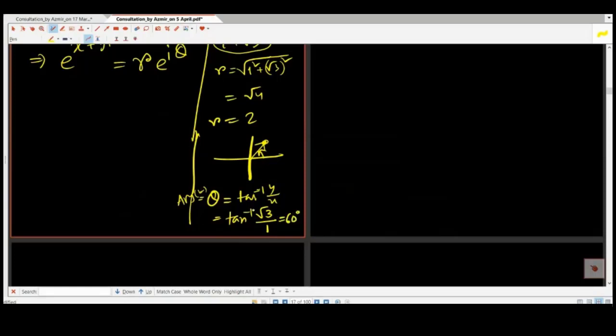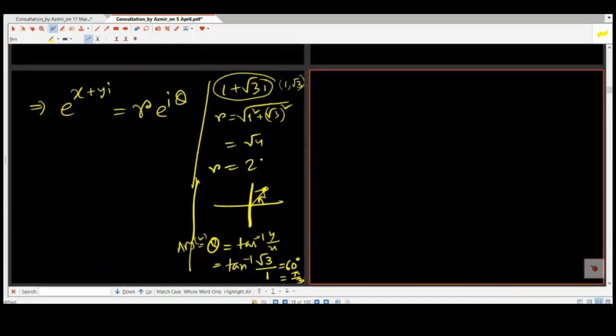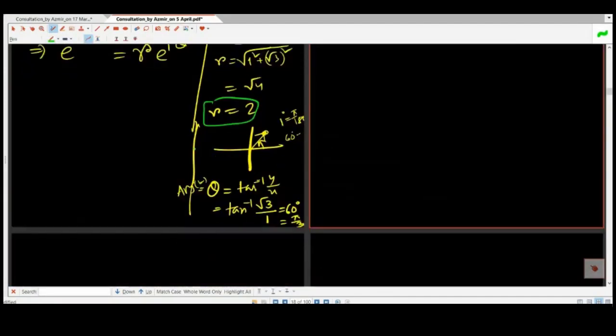So we know that 60 degree is pi over 3. That is, if 1 degree equals pi over 180 radian, then 60 degree will be 60 pi by 180 radian. That means pi over 3. So we have found r equals 2 and theta, that is the principal argument, as pi over 3.